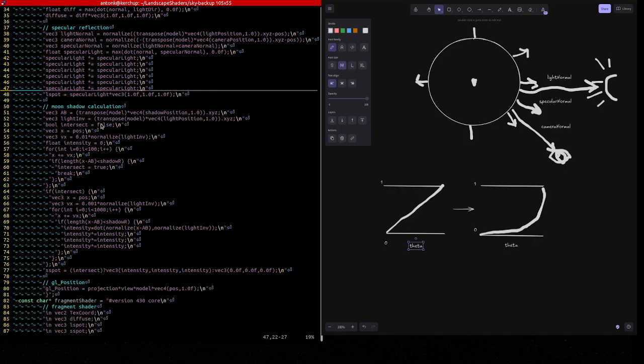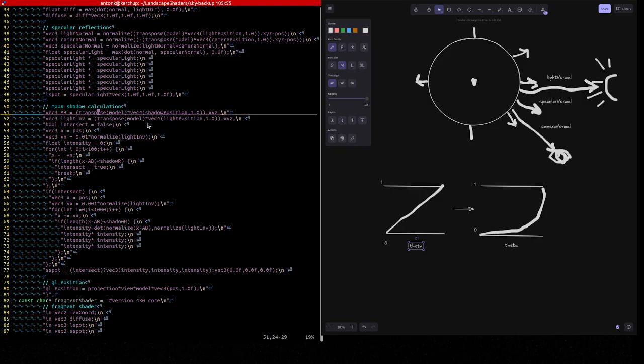Essentially we have the shadow position, which is basically the moon position, and the light position. And notice that we are multiplying by the transpose of the model matrix. This basically transforms these vectors into the vertex coordinate system.